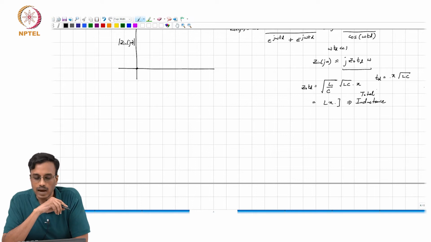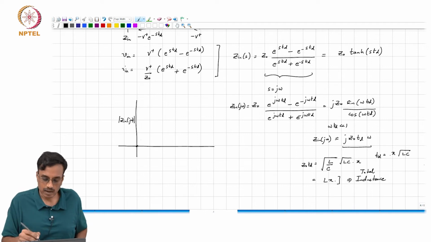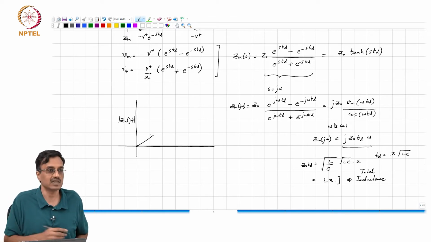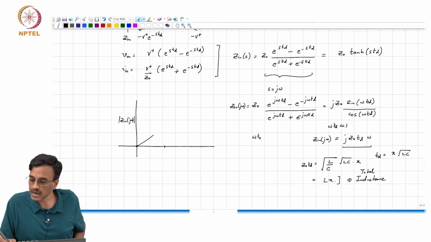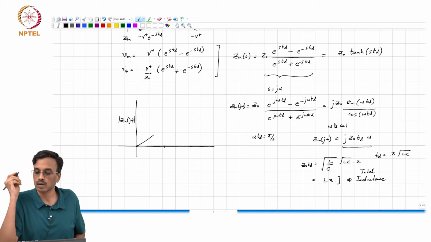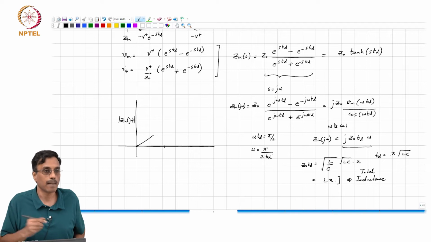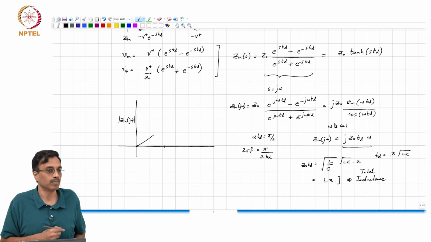Alright. And so that's one thing to bear in mind. The next thing is what? If I plot this Z magnitude of the impedance, well, at low frequency it does this. As the frequency starts getting higher and higher, what happens? When omega times Td becomes pi by 2, that basically is omega equals pi by 2Td, or this is nothing but 2 pi f equals pi over 2Td.